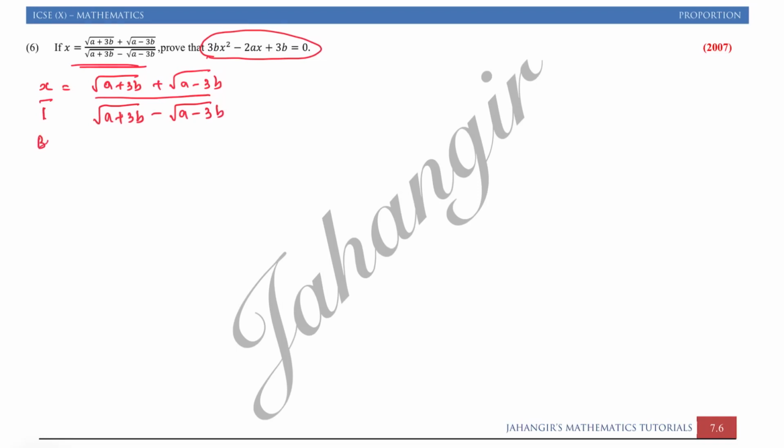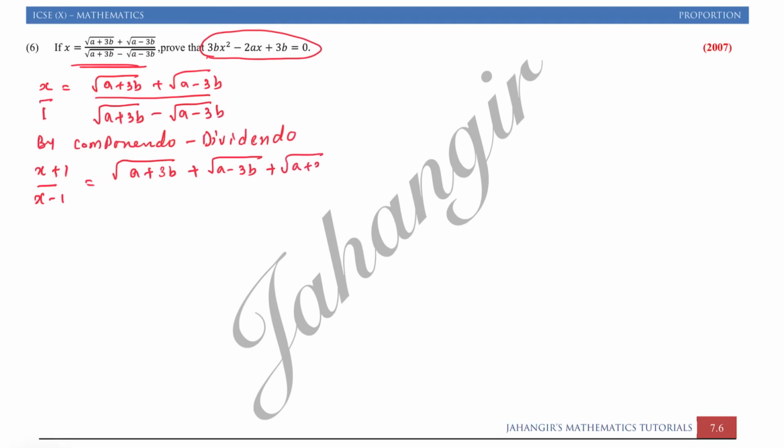So I can write by componendo dividendo, x plus 1 upon x minus 1 is equal to, I am not putting bracket, root of a plus 3b plus root of a minus 3b plus root of a plus 3b, and if I am taking plus, I am not going to change the sign, root of a minus 3b, whole upon root of a plus 3b plus root of a minus 3b.